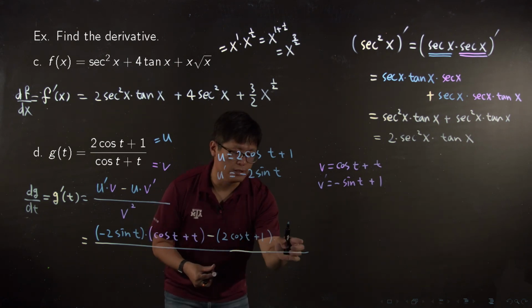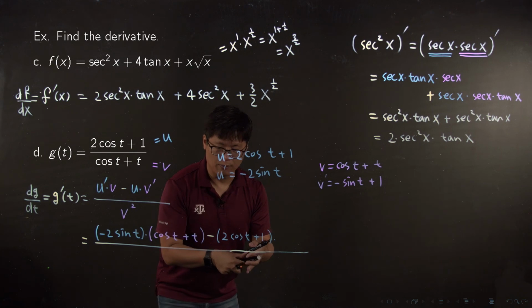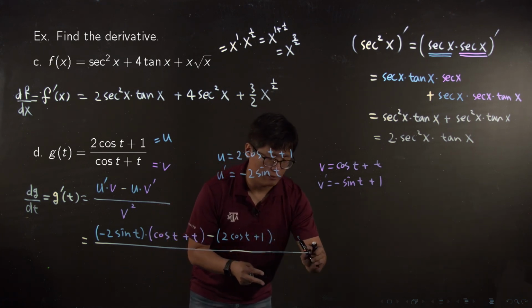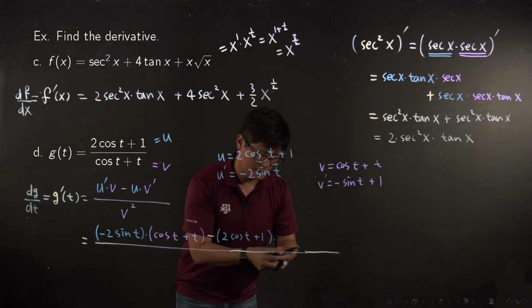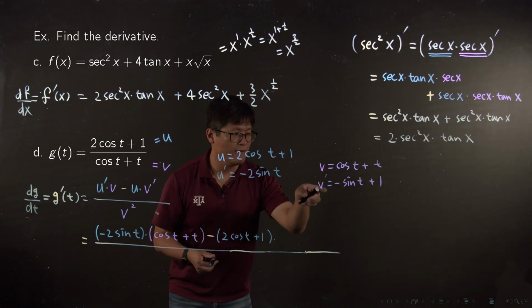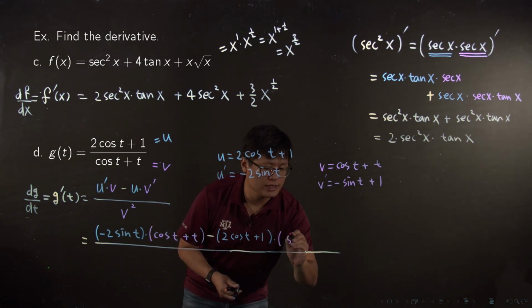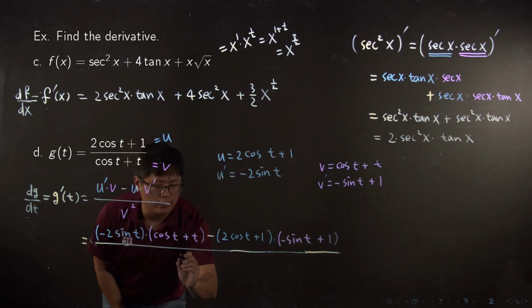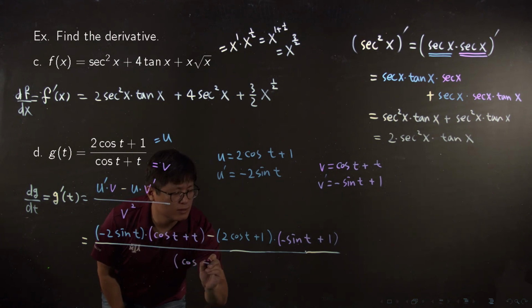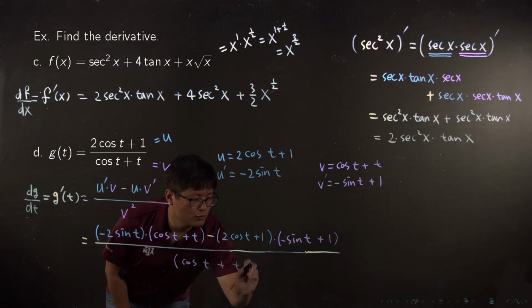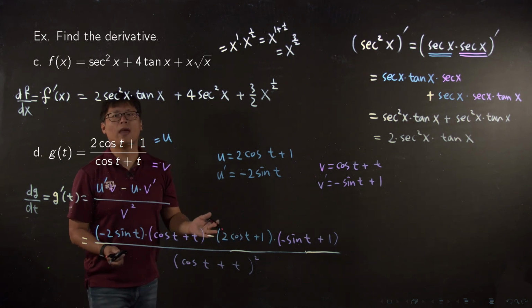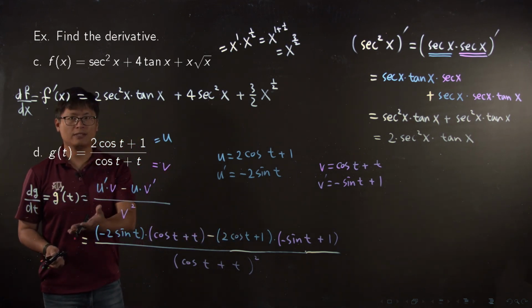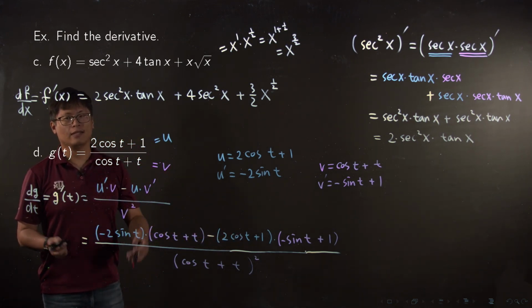We always need u, but unfortunately we are separated. Because of COVID-19, I'm so sad. And v prime, which is minus sine t plus 1, over the function v squared, cosine t plus t, squared. As I told you, we do not have any issue with simplifying, so please type clearly on your website, then it will be marked as a correct answer.